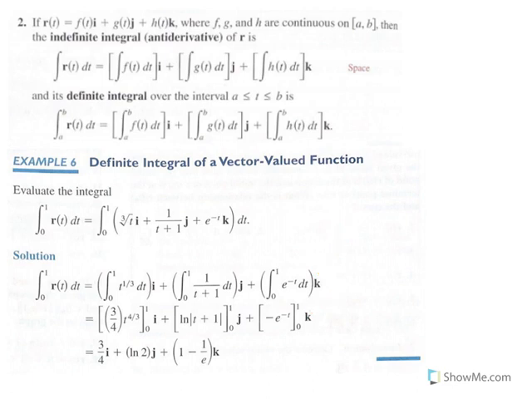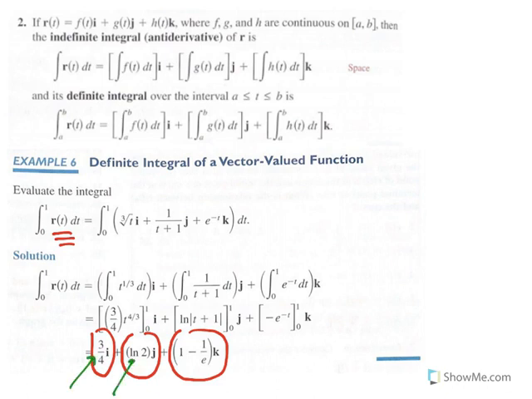Once you've done that, you carry out the steps from the fundamental theorem of calculus. So you get 3/4 i plus natural log of 2 j plus 1 minus 1 over e k. And you will notice that the definite integral of a vector-valued function is a constant vector.